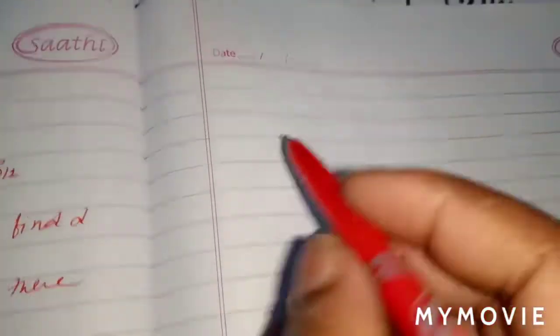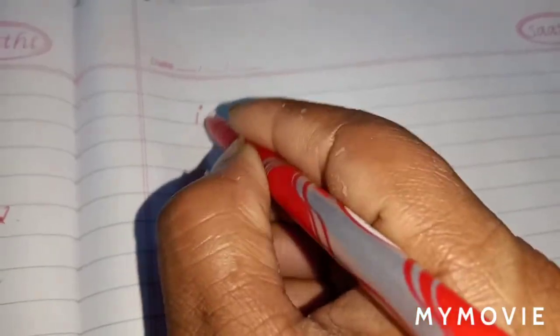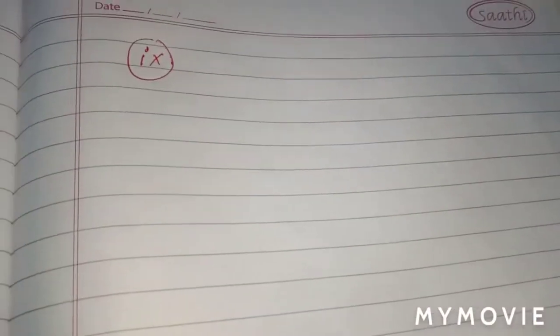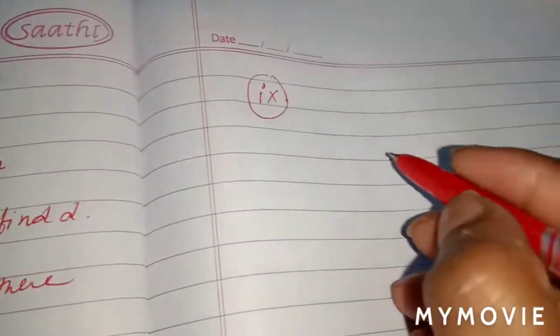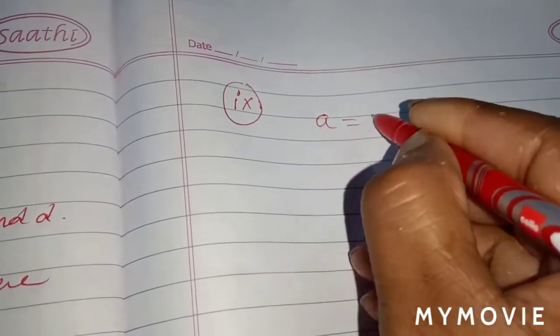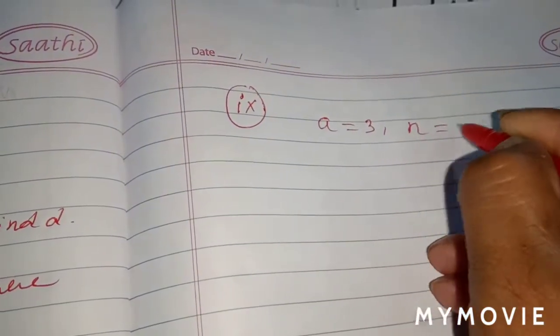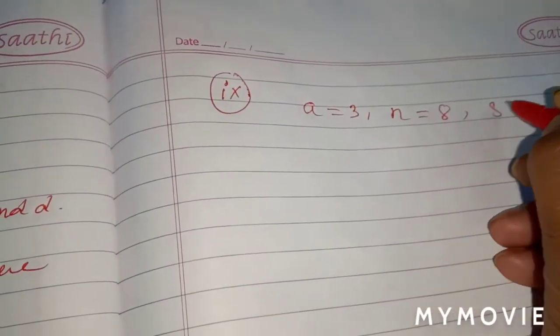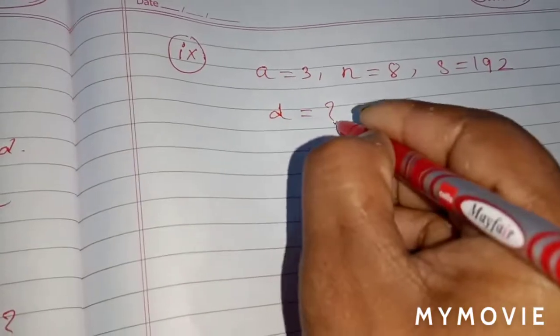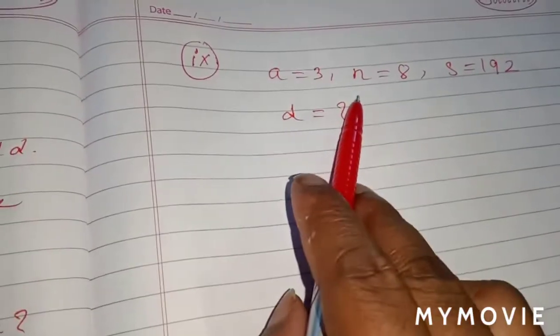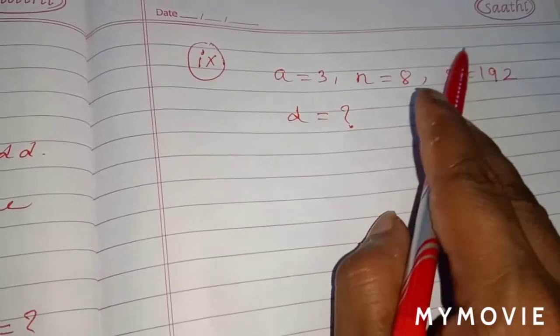Next, number 9. They have given the value of A, N and S. A is 3, N is 8, and S is 192. Find D. Here you need to find only D. They have given N and S, so you can use this formula.